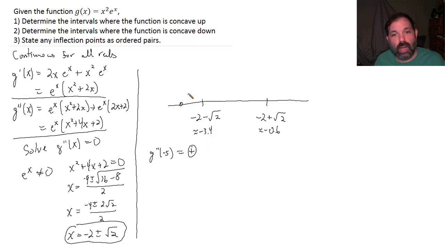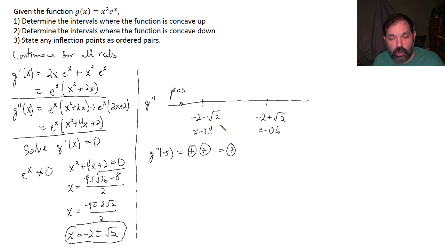So it must go from positive to negative to positive. But if we throw in the numbers, let's just verify this. Negative 5 squared is 25. 4 times negative 5 is negative 20. So I've got 25 minus 20 plus 2, which is 7, positive. So that's a positive, and again, this is for g double prime.